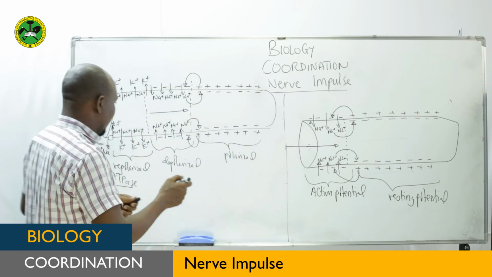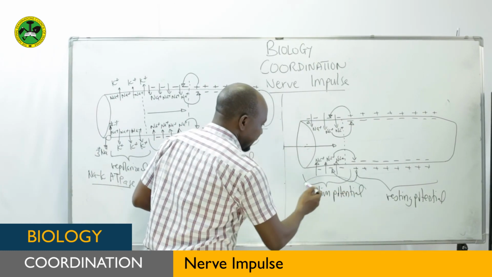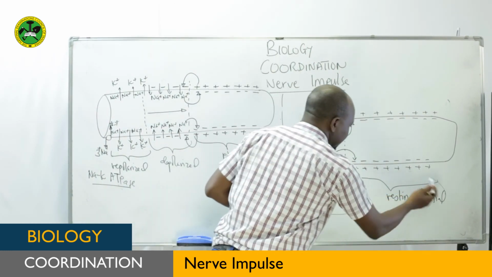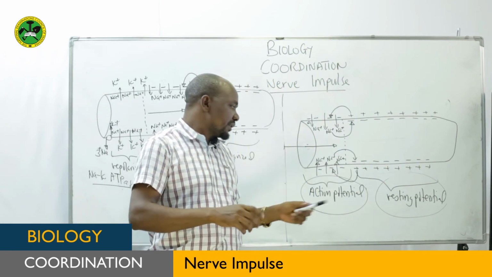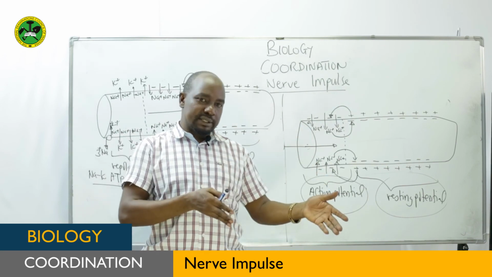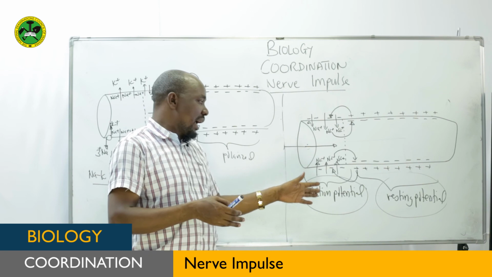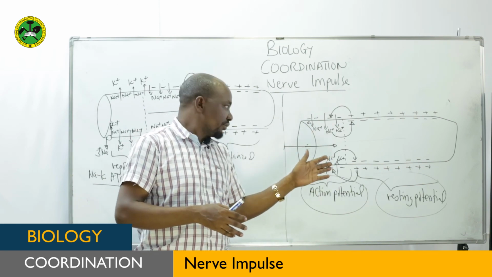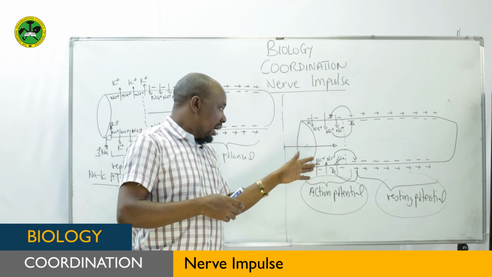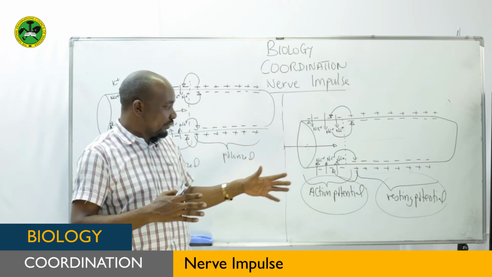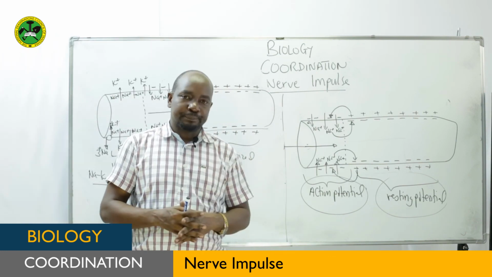And you must also be able to differentiate between the action potential and resting potential. The action potential is sometimes described as a nerve impulse, because it is the potential difference which occurs when the nerve impulse is passing, when the axon membrane is negatively charged outside and positively charged inside.